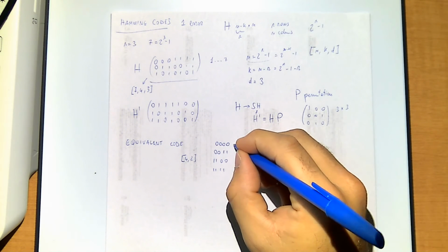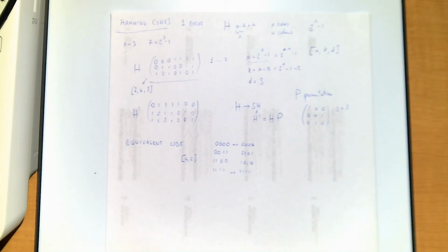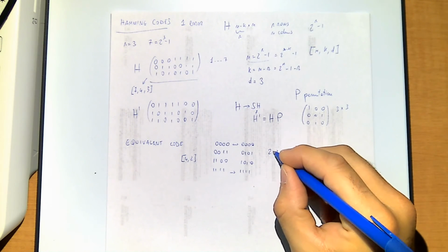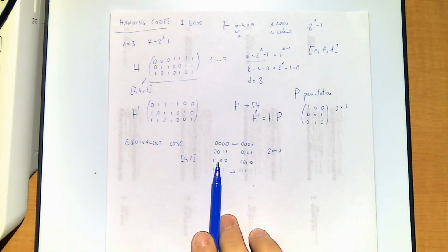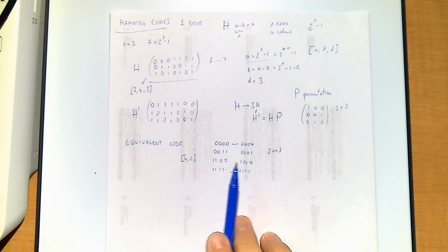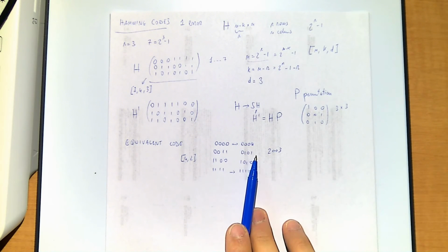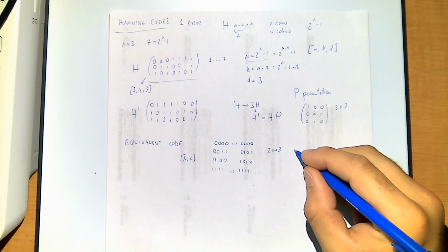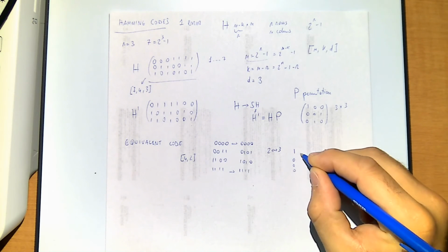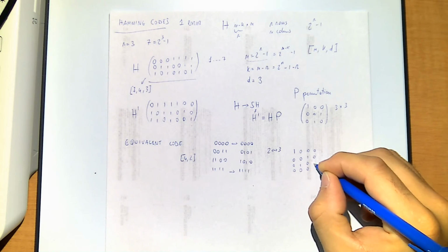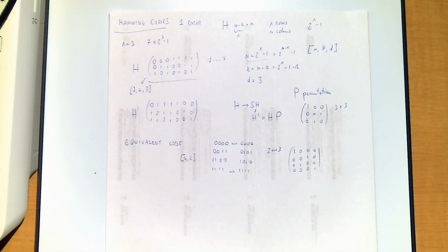And clearly these two match, and you can see here that what the permutation did, for example, is exchange the second with the third column. So then this becomes that, and then this becomes that. So these two codes are equivalent with the permutation 1, 0, 0, 0, 0, 0, 1, 0, 0, 1, 0, 0, 0, 0, 0, 1. That's the permutation there. It exchanges the second and third column. And everything matches.